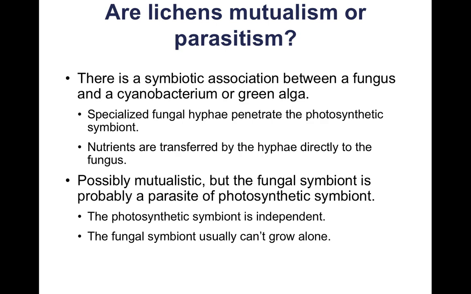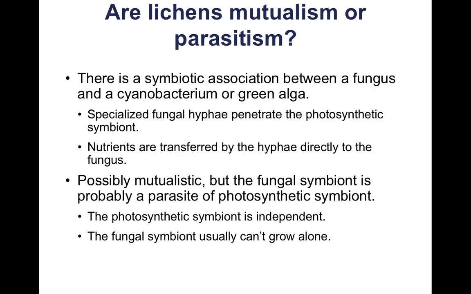Now, some of these lichens may actually be mutualistic, but recent research has suggested that it's actually probably parasitism, that the fungus is parasitizing the photosynthetic part of the symbiont. And the reason why this is thought to be the case now is that scientists have done experiments where they've separated out the algae or the cyanobacteria from the fungus.